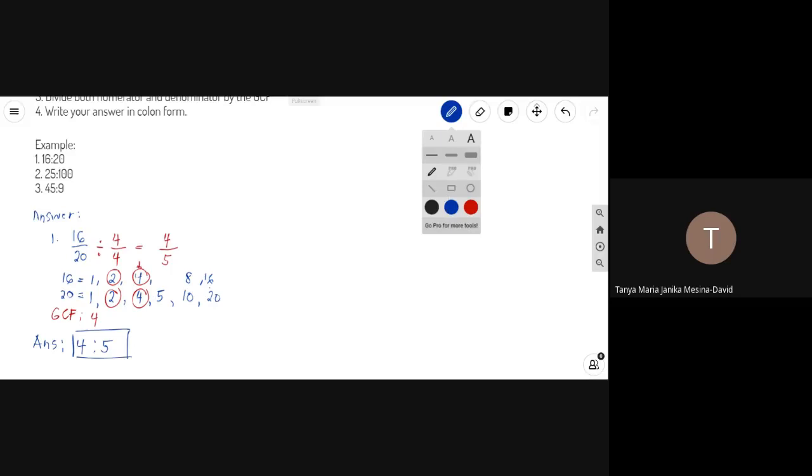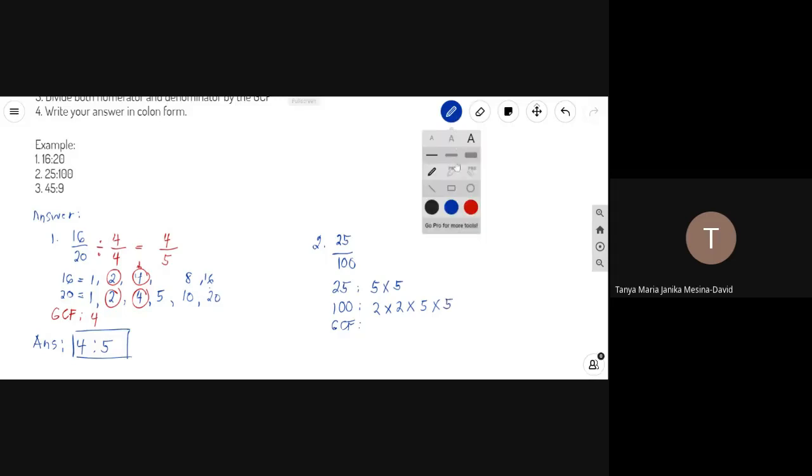Let's try another. Let's look at number 2. It says here 25 is to 100. Again, we write it first in fraction form, and then we get the GCF. This time, I will use the prime factorization method. The prime factors of 25 are 5 times 5. The prime factors of 100 are 2 times 2 times 5 times 5.